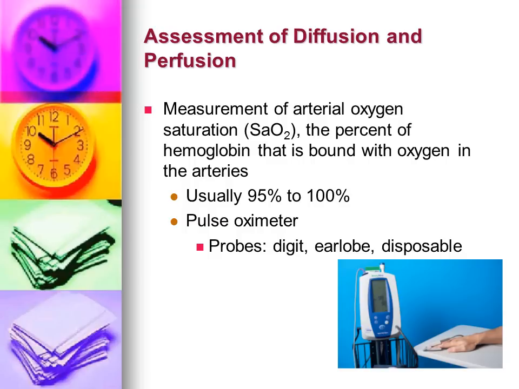For instance, if your client has fingernail polish on, you would need to remove it, because that would affect that light transmission. So before you can get an accurate reading, you must make sure that the fingernail polish is removed, or if they have artificial nails on, that would have to come off before you could get an accurate reading for your client.